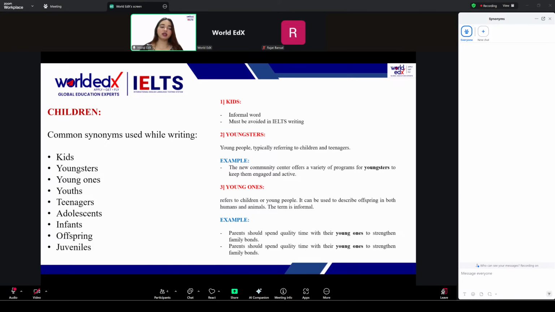It's not a very commonly used word, meaning that it's not an informal word. But do not use kids, do not use young ones, because all of these are used when you are maybe talking to your friend but not writing an essay. So in the essay, make it a thumb rule that you are going to write all the words that are formal and make sure that you are not using any informal vocabulary.